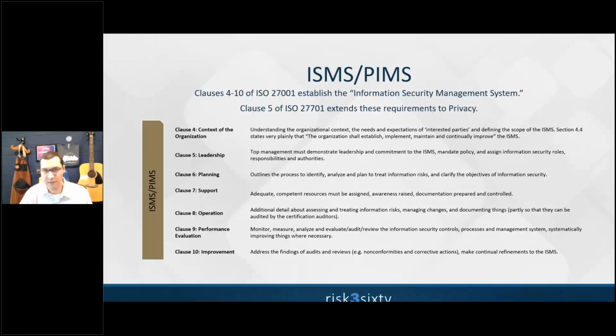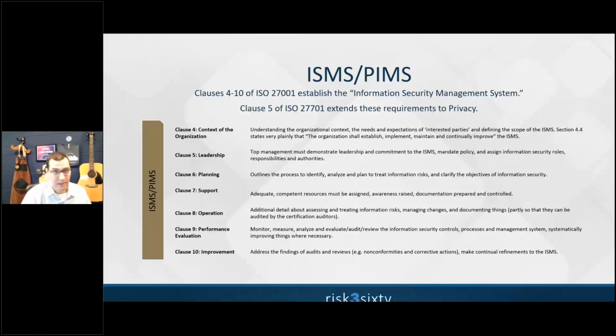I think the IMS really reflects that the security and privacy programs are working together to manage risk around system design, data collection, and data processing. And it's really reflective of the level of coordination between the two functions.